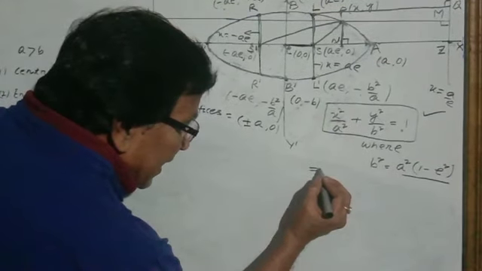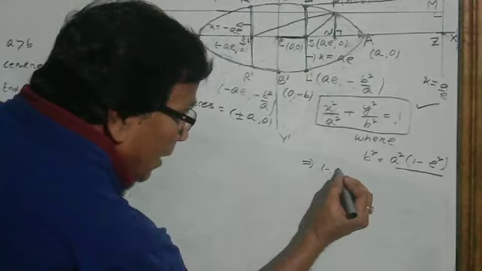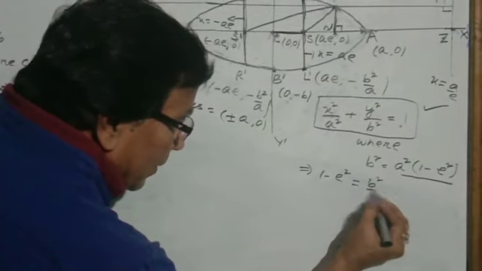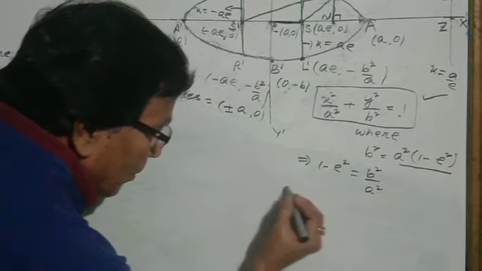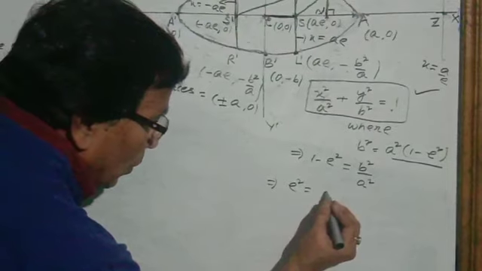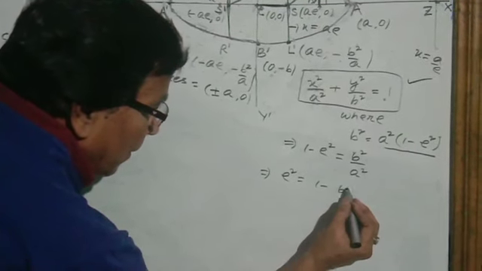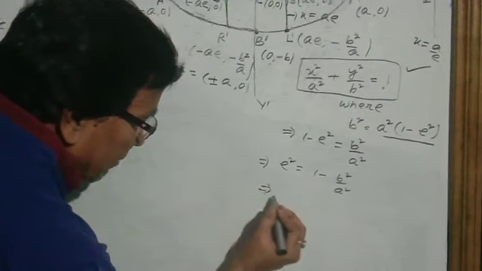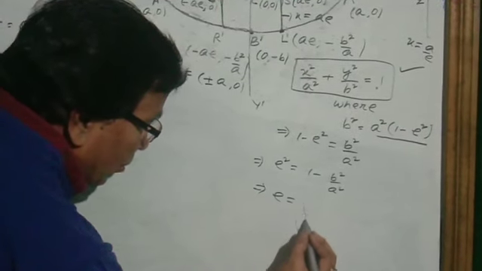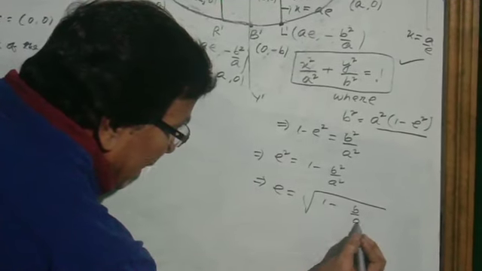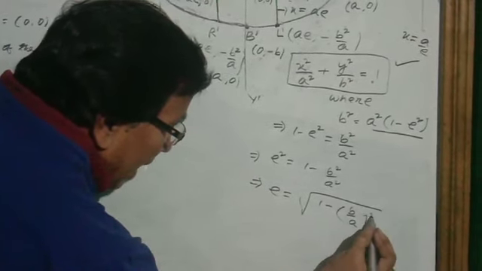So from this equation, 1 minus E square is equal to B square divided by A square, which means E square is equal to 1 minus B square by A square. That gives E is equal to square root of 1 minus B by A whole square.